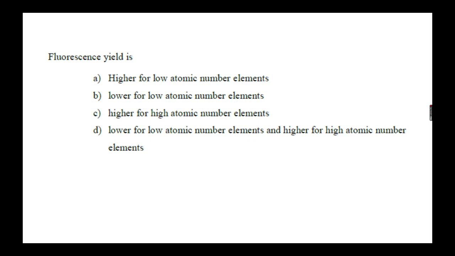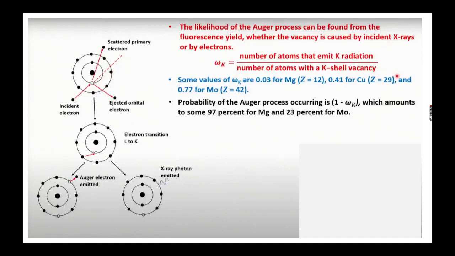Okay, fine. So let's say this is that slide. The Auger process can be found from the fluorescence yield, where the vacancy is caused by incident radiation. Fluorescence yield is equal to the number of atoms that emit K radiation divided by the number of atoms with K shell vacancy. When you calculate it, the fluorescence yield will be 0.03 for magnesium.